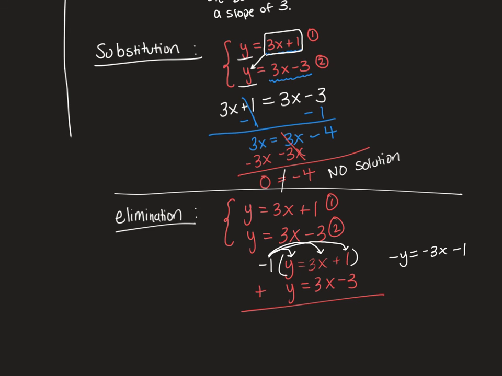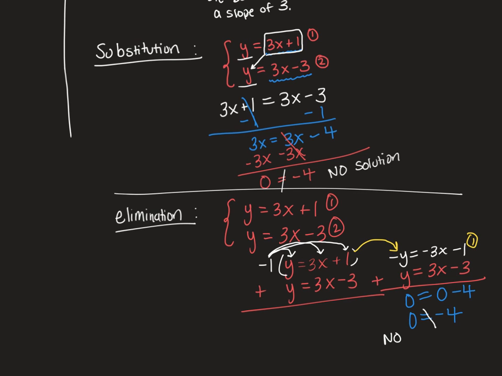Now that I have this version of equation 1, I can bring equation 2 over, unchanged, and see if anything eliminates when I add them together. Negative y plus y is 0. Negative 3x minus 3x is 0. -1 plus -3 is -4. So again, I have 0 equals -4. Does 0 equal -4?